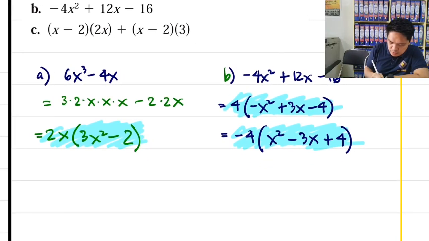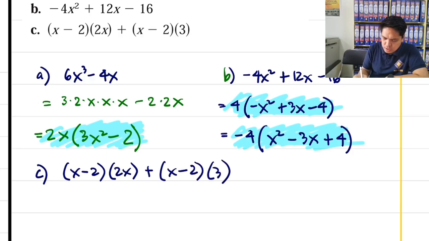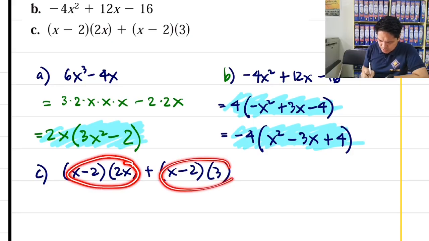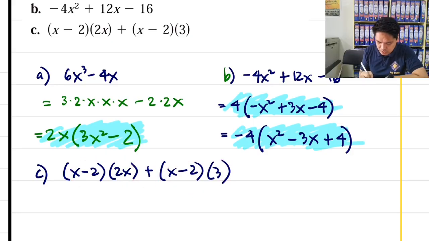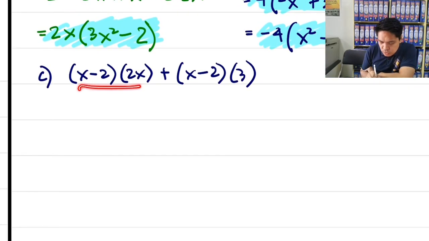For letter C, we have x minus 2 times 2x plus x minus 2 times 3. So obviously, we have two terms, this and this, separated with the plus operation. If you look at the two terms, the common factor is x minus 2.